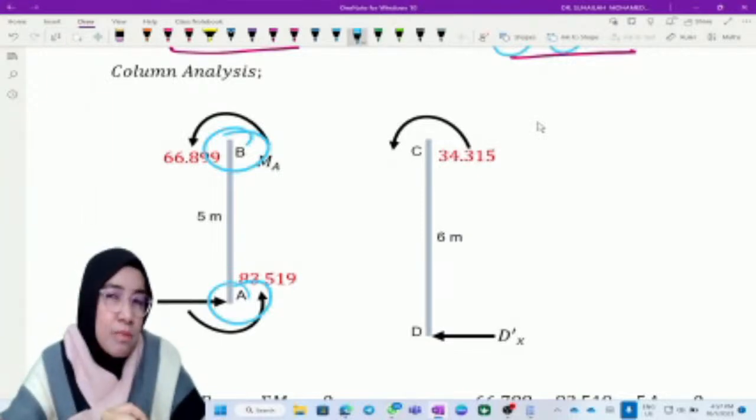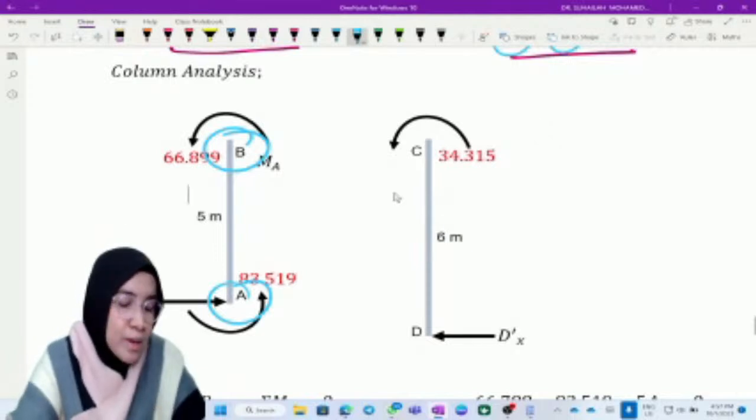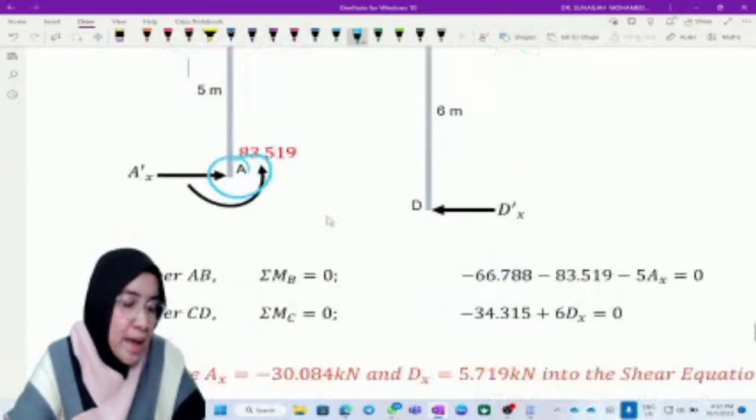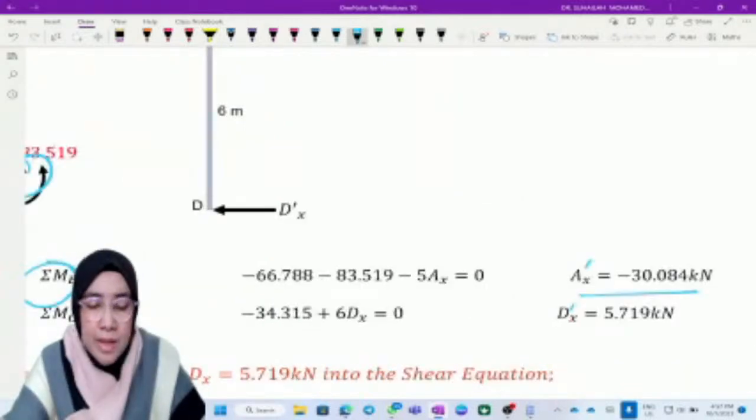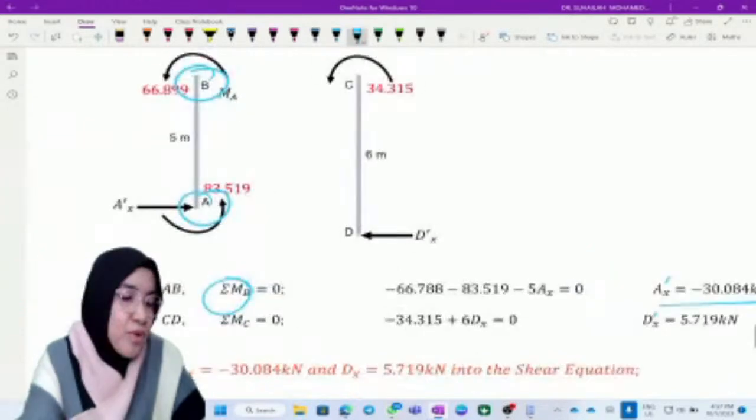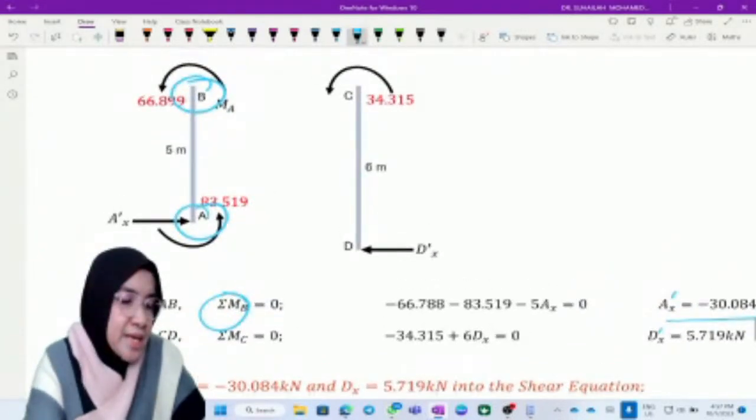Use this, take moment at B. We do the same for D. Only D has no moment. We only get moment from MCD in the table.